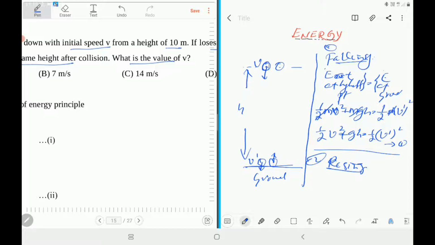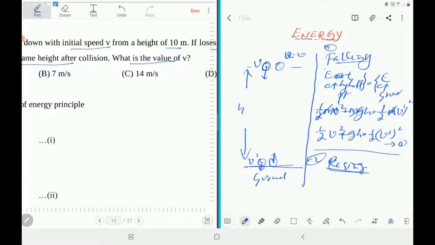So after losing 50% of kinetic energy while bouncing up from the ground, it reaches the same level. This implies that when it comes back to the level, the final velocity is 0. Otherwise it would be moving higher up. So the final velocity is 0. Again you apply the law of conservation of energy.